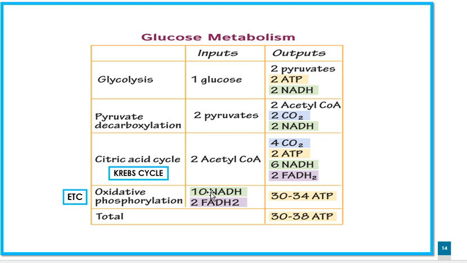So 10. All of them enter the electron transport chain. And then we have the 2 FADH2. And then the outputs would be 30 to 34 ATP or 36 ATP. Or in total, the output of the electron transport chain will be 30 to 38 ATP.